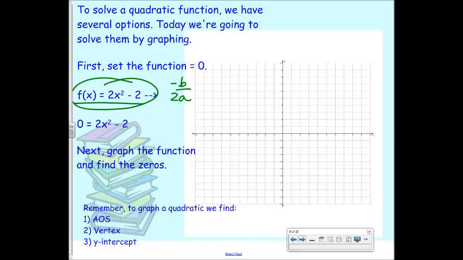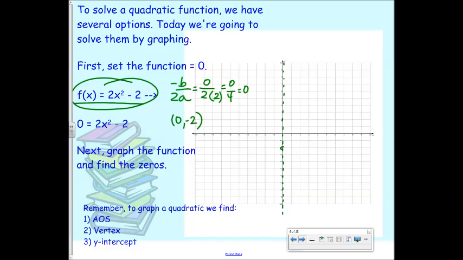So b is 0 over 2 times 2, so 0 over 4, which is just 0. So the first thing I do is draw my dotted line at 0. There's my axis. And then to find my vertex, I plug it in. What's 0 times 2? 0, minus 2. Negative 2. So my vertex is at (0, -2), which means right here.